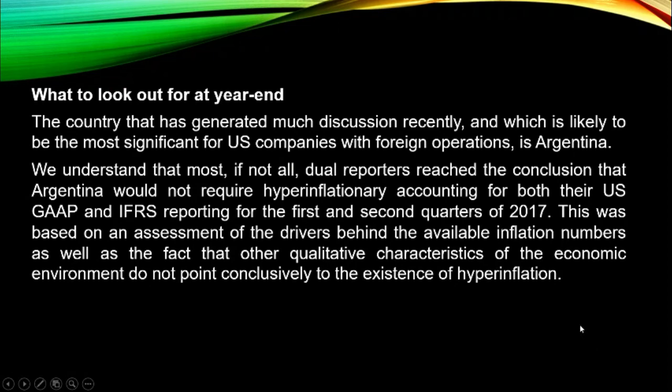The country that has generated much discussion recently, and which is likely to be the most significant for U.S. companies with foreign operations, is Argentina. We understand that most, if not all, dual reporters reached the conclusion that Argentina would not require hyperinflationary accounting for both U.S. GAAP and IFRS reporting for the first and second quarter of 2017.